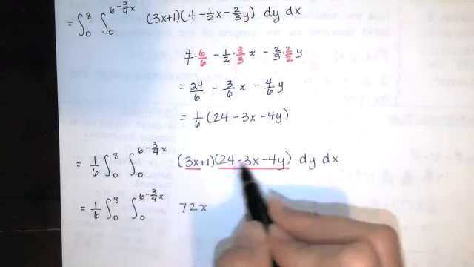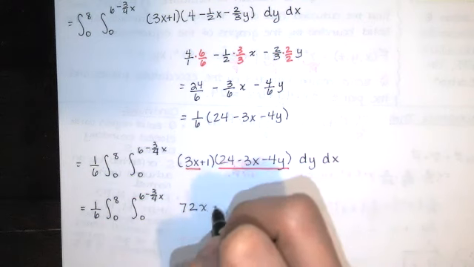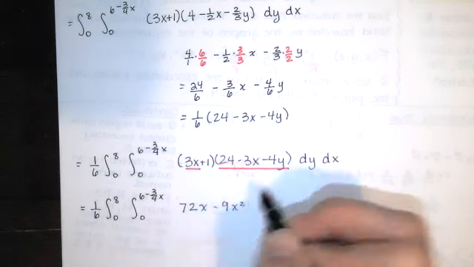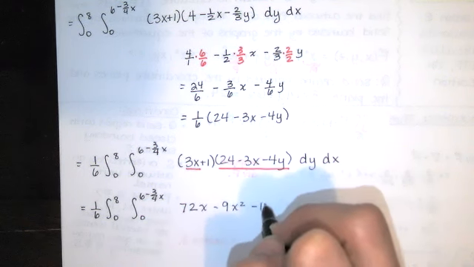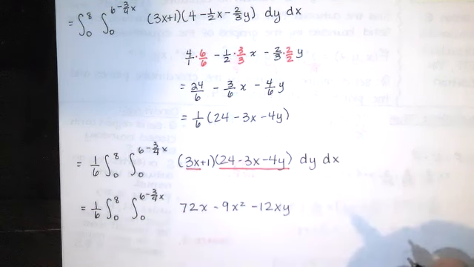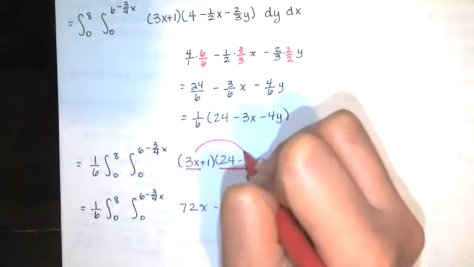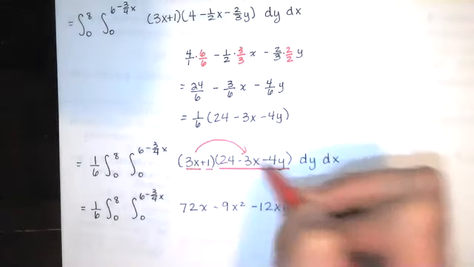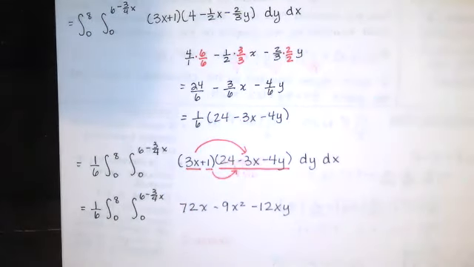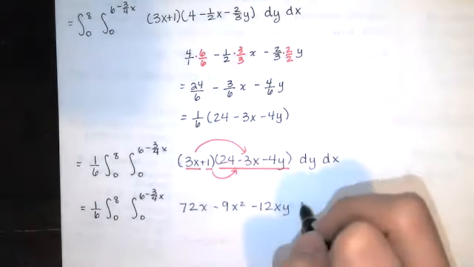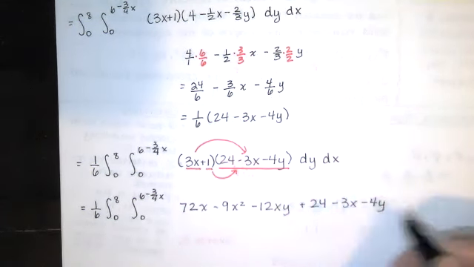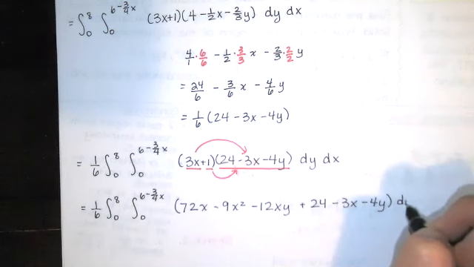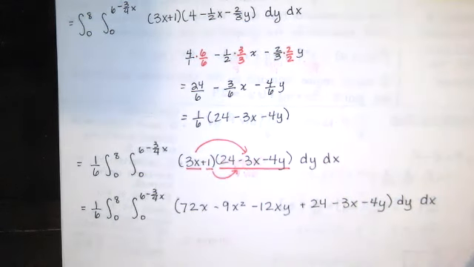And then we have 3x times negative 3x is negative 9x squared. And then 3x times negative 4y is negative 12xy. So that was this first term times the entire trinomial. And then we want to do 1 times the entire trinomial. So we just end up with 24 minus 3x minus 4y. And we are integrating all of this with respect to y.